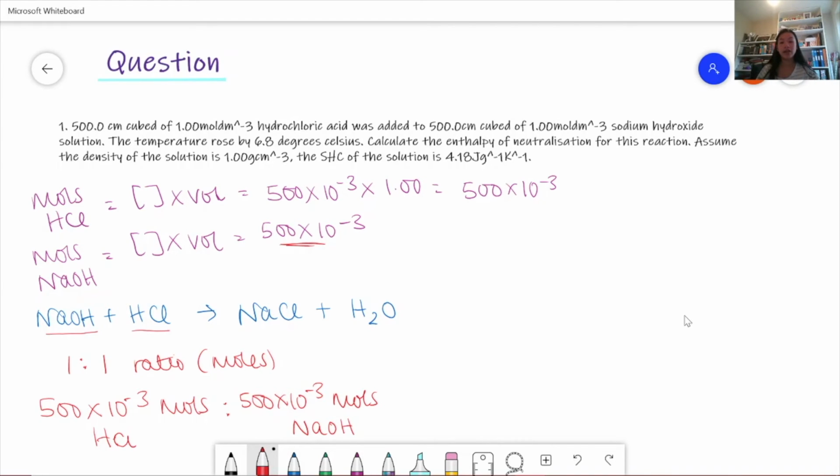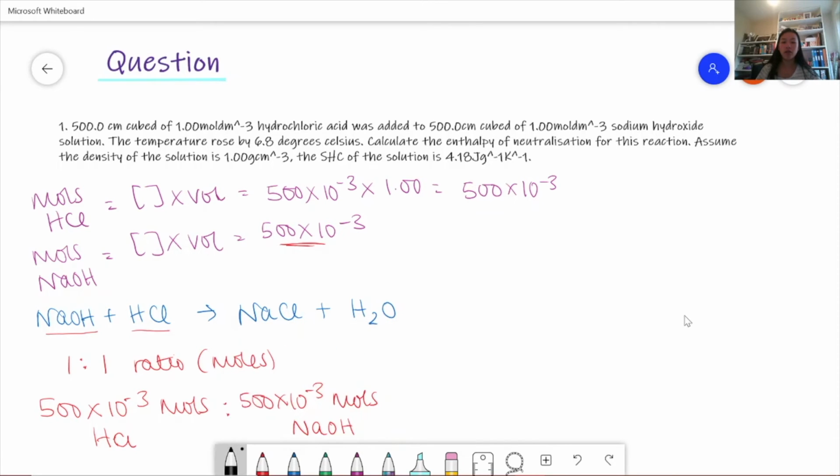And we have that here. So that tells us that none of the reagents are in excess, so both of them react until they've both finished reacting, there's nothing left. So that actually doesn't make a difference. So we know that 500 times 10 to the minus 3 moles is what's been reacted.